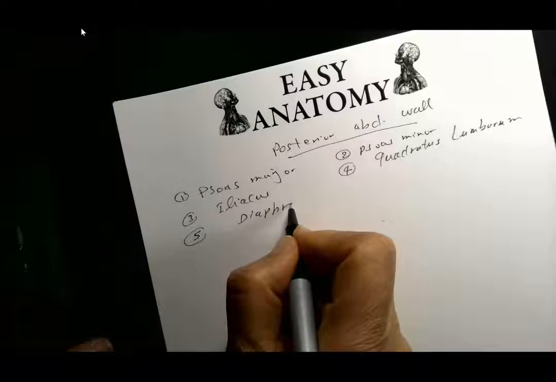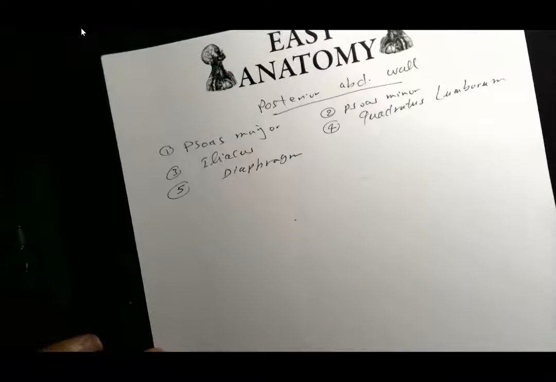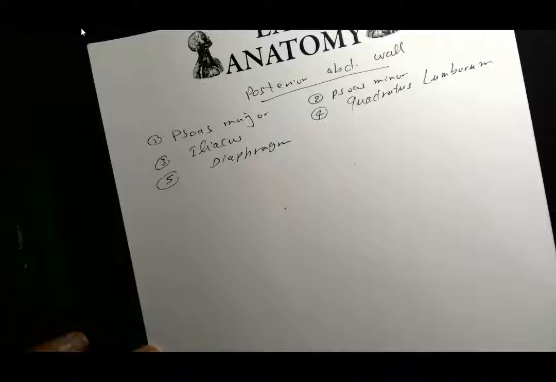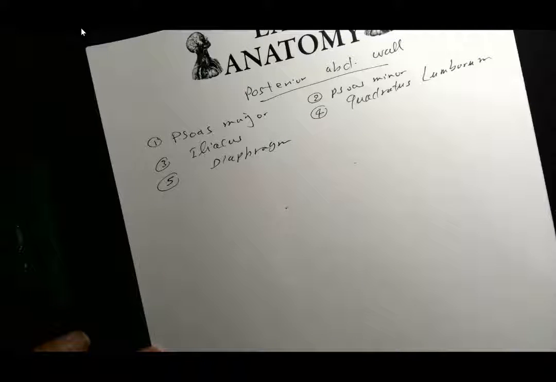Okay. So the posterior abdominal wall muscles are the muscles which connect the pelvic girdle mostly with the vertebral column.